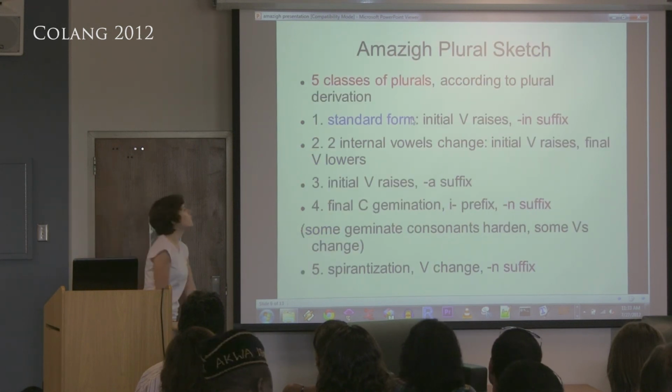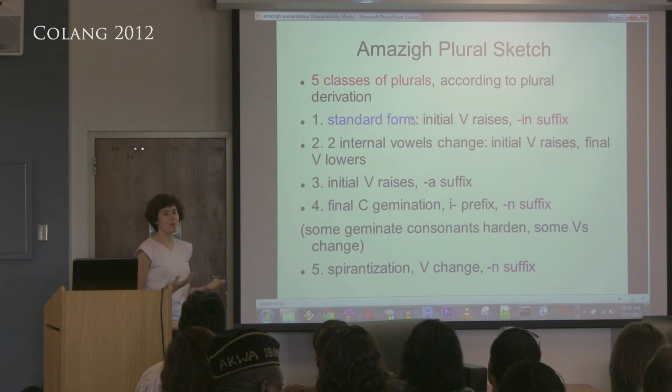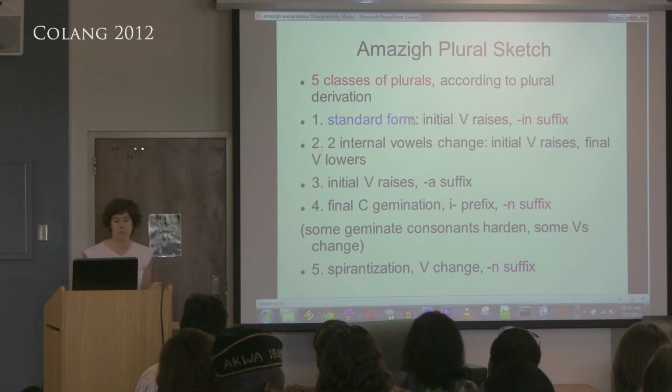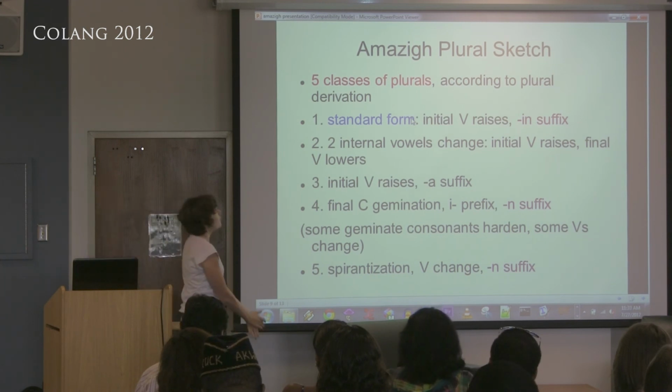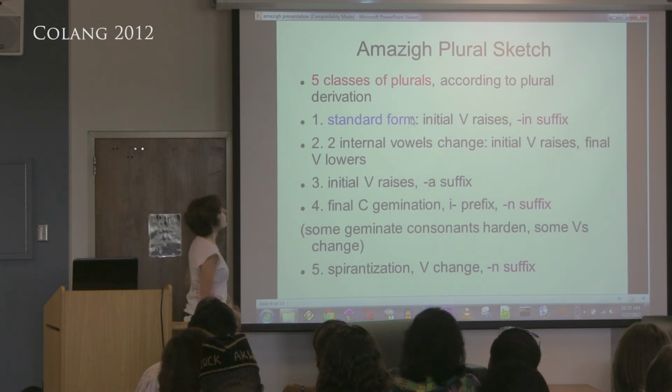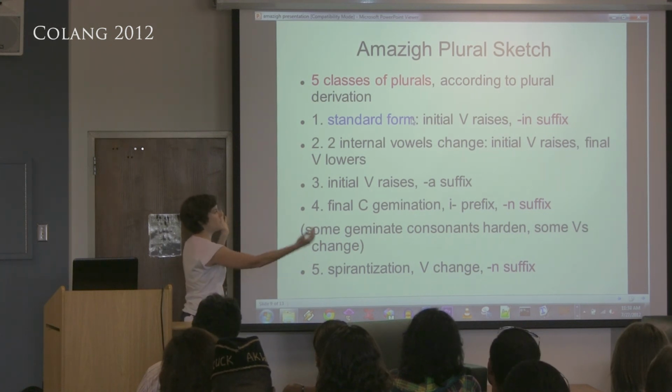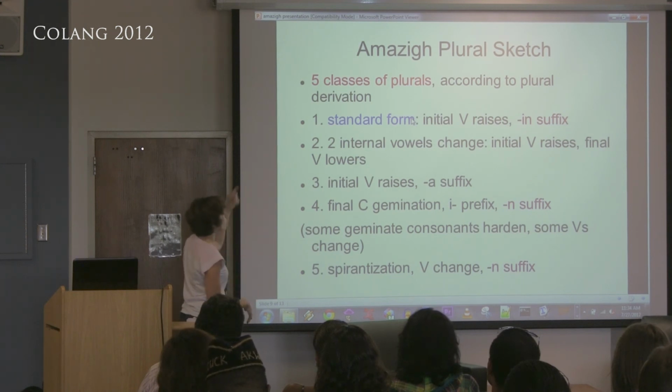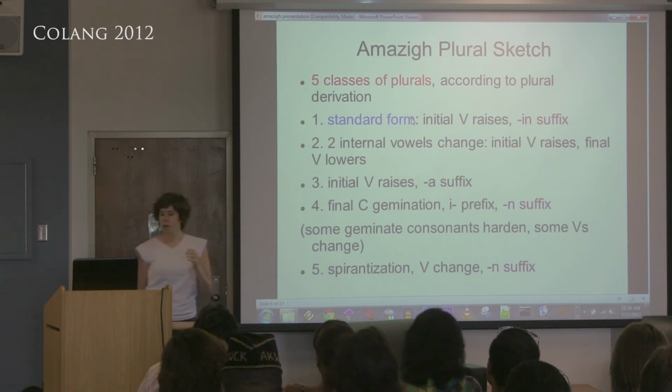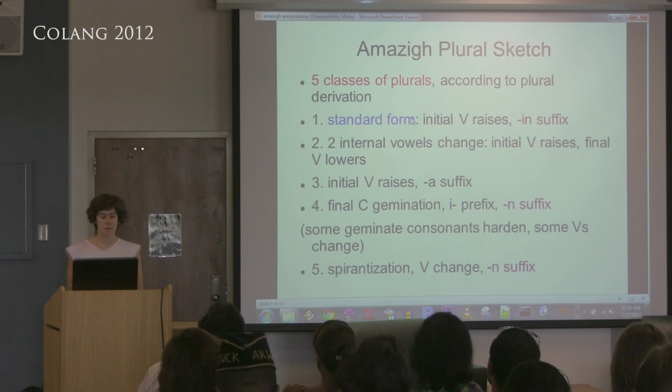Okay, so for plurals, actually it gets much more complicated and they're really not as constant as the other reflexive forms. There's 5 classes of plurals. The standard form is the initial vowel raises, and there's an "in" suffix that is added. So that's what we see in most of the plural forms. But we also see several others. So in the second class, it's 2 internal vowels in the word change.